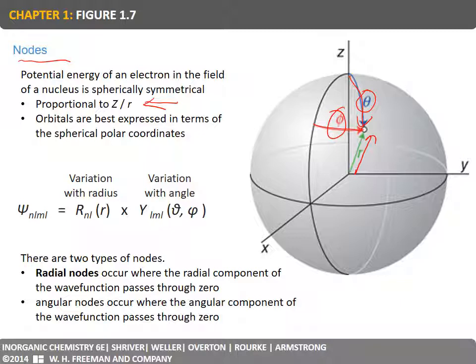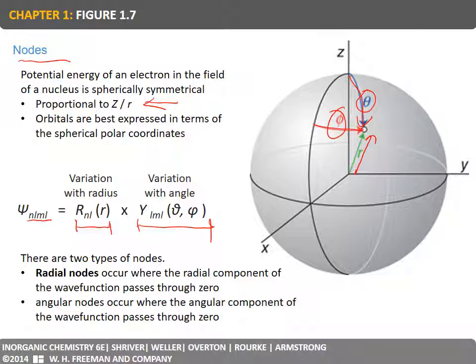So if we look at it from this perspective, our wave function as a function of n, l, and ml has basically radial variation and angular variation.